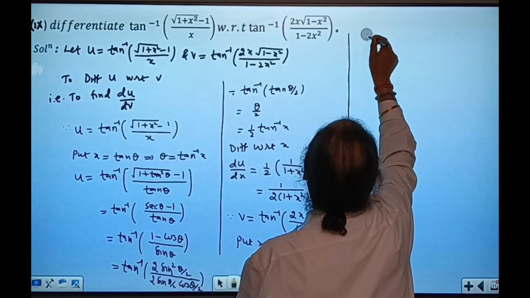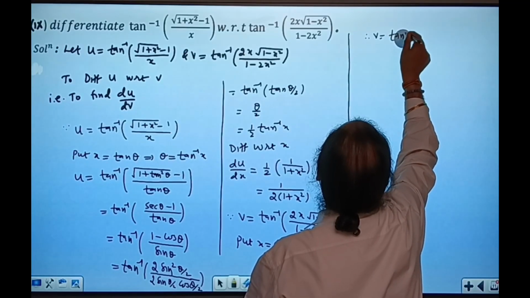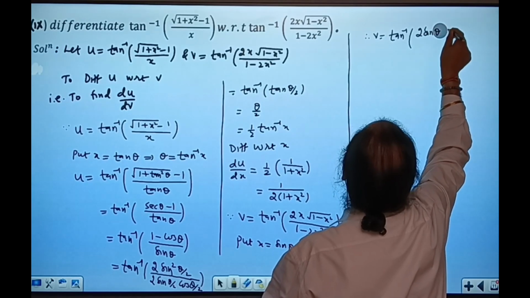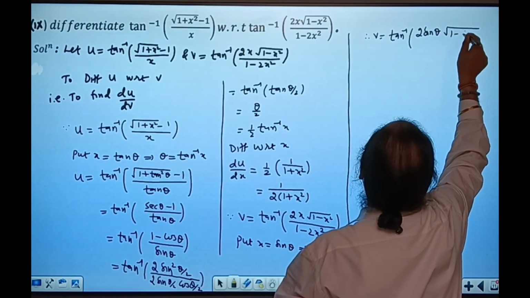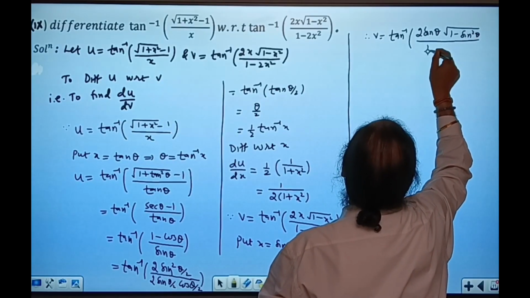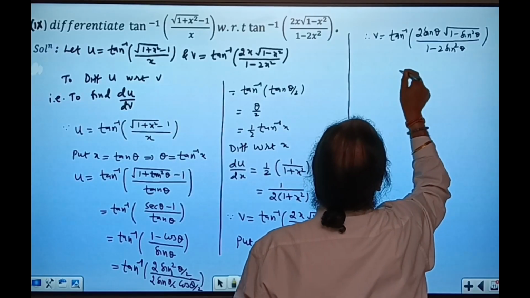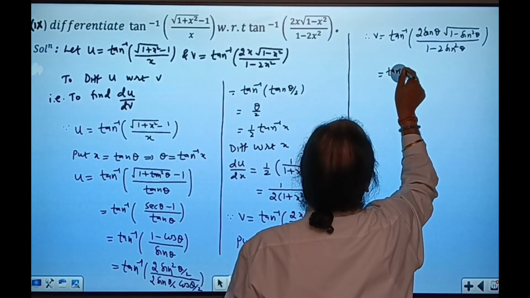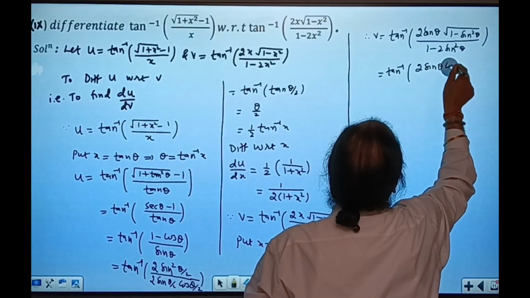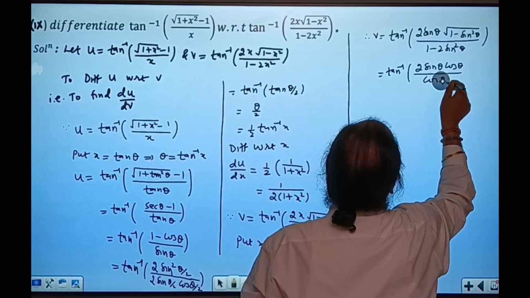Therefore, v will become tan inverse 2 sine theta root 1 minus sine square theta upon 1 minus 2 sine square theta. Tan inverse 2 sine theta cos theta upon cos 2 theta.